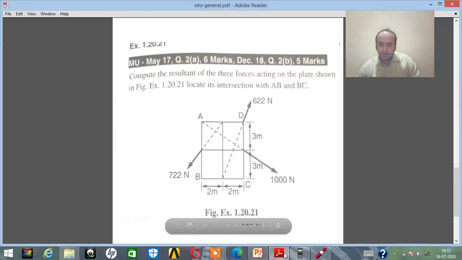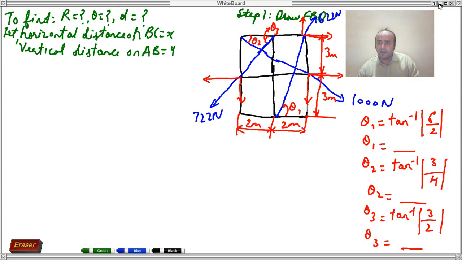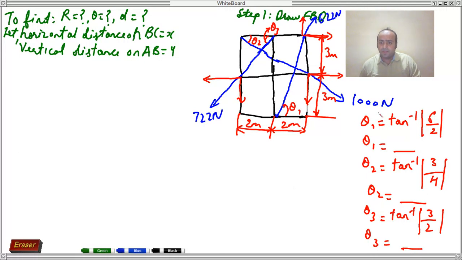Let me get all the values one by one. Theta 1 was tan inverse of 6 divided by 2, and the value is 71.565 degrees.